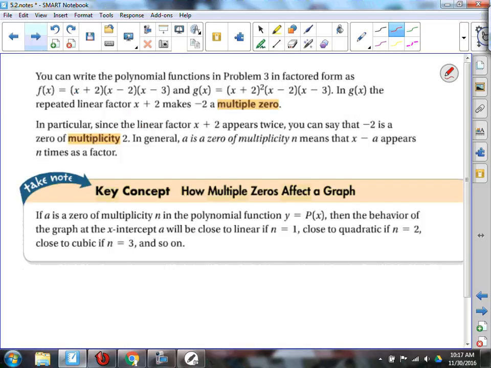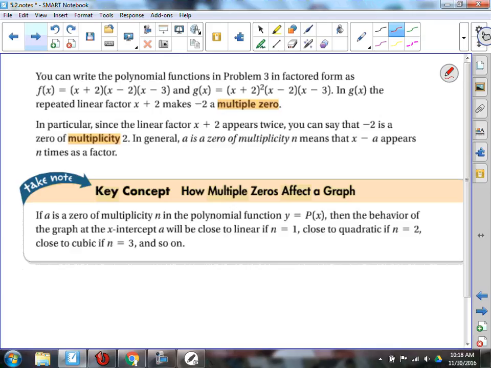So here they're talking about multiplicity whenever a 0 repeats, kind of what we just looked at. If a is a 0 of multiplicity n in the polynomial function, the behavior of the graph at that point will be close to linear if n is 1, close to quadratic if n is 2, close to cubic if n is 3, and so on.